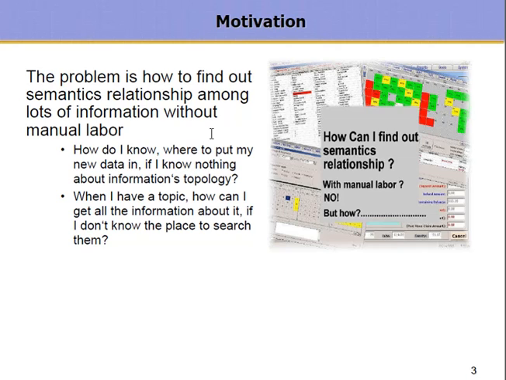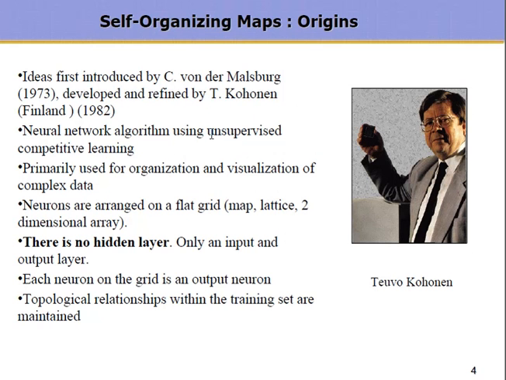When I have a topic, how can I get all the information about it if I don't know the place to search? So another problem which I can resolve through this algorithm is that, for example, if I have a new topic and I want all the information related to it, and I don't know how to search for it, then this can be very problematic for me.